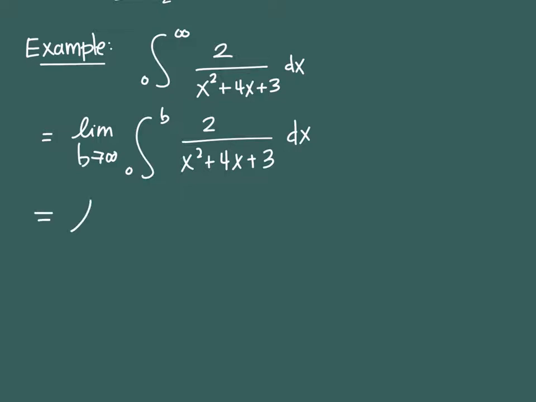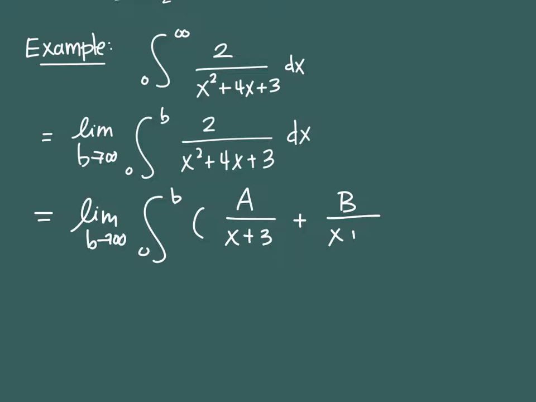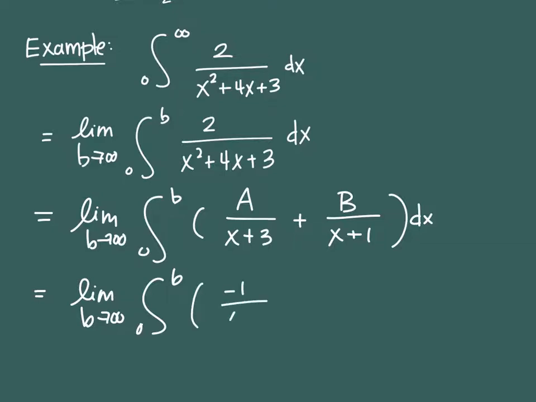So we would separate this into a over the factor of x plus 3 and b over the factor of x plus 1. And then you're going to work out your partial fractions by cross multiplying. I am not going to spend the time doing that right now, but I will tell you that a turns out to be negative 1 and b turns out to be positive 1.